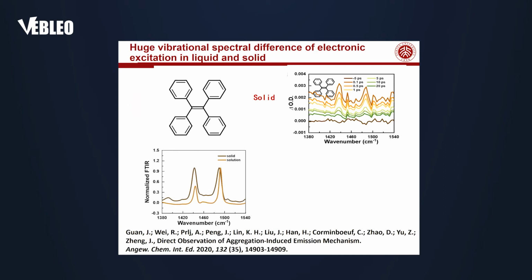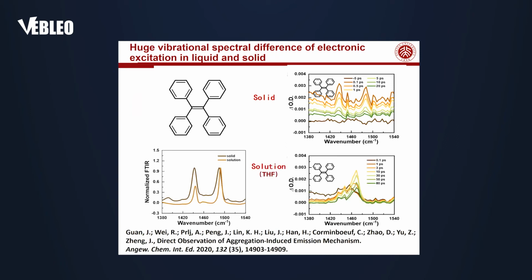The 2 peaks. Okay. But for its dilute solution, after electronic excitation, the infrared response is very different from the solid sample. Right? A new peak grows in at a different frequency than the two frequencies in FTIR.